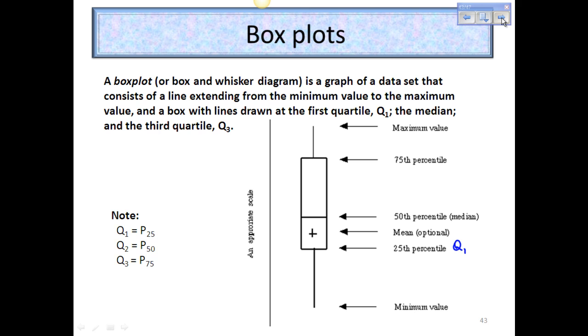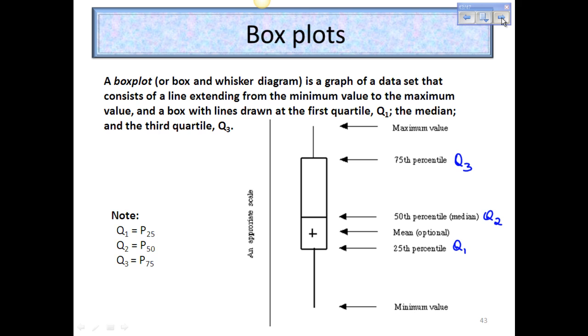But again, you would write this or label it from least to greatest. The 50th percentile, again, the 50th percentile is equal to the median, is equal to Q2. The 75th percentile is at the end of our box, and it is the same as Q3.